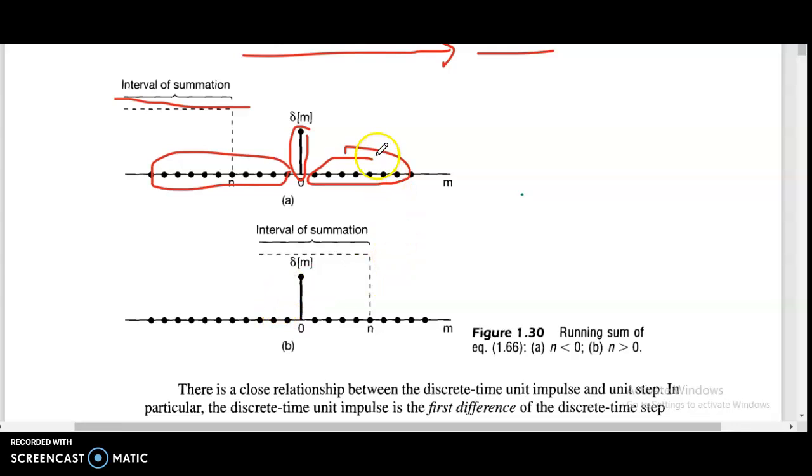When n is less than 0 or greater than 0, it is 0. Only when n is equal to 0 is delta of m equal to 1.